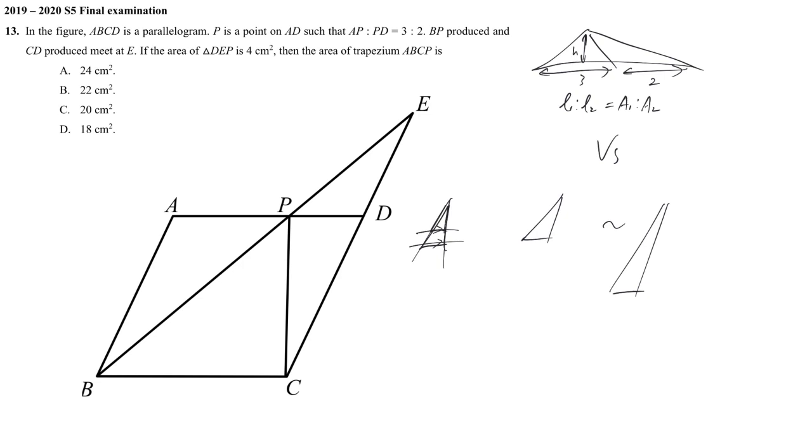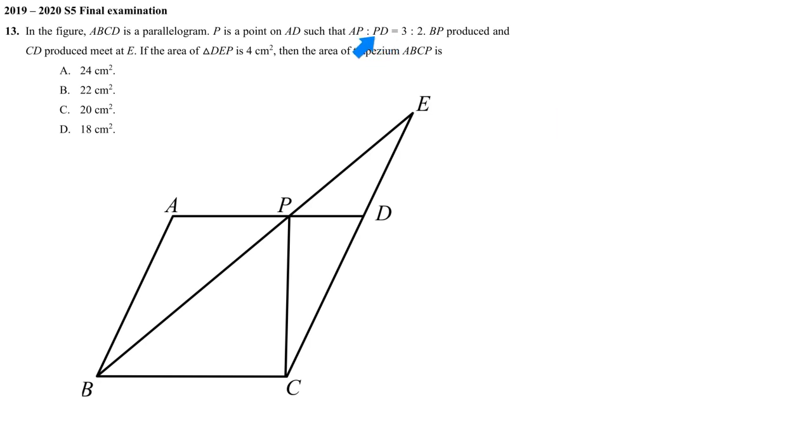Then L1 to L2 is not the same as A1 to A2, but their area ratio is equal to L1 square to L2 square. Two dimensions extend, so the area ratio will be square also. But if just one dimension expands, then the length ratio will become the area ratio.